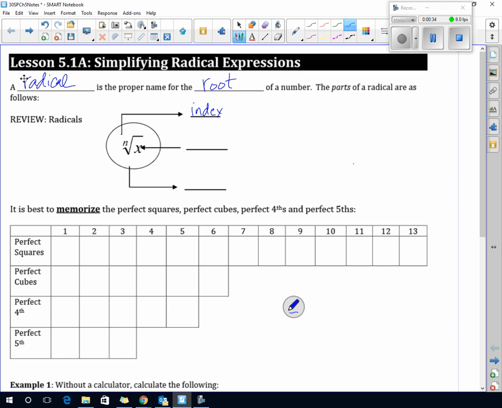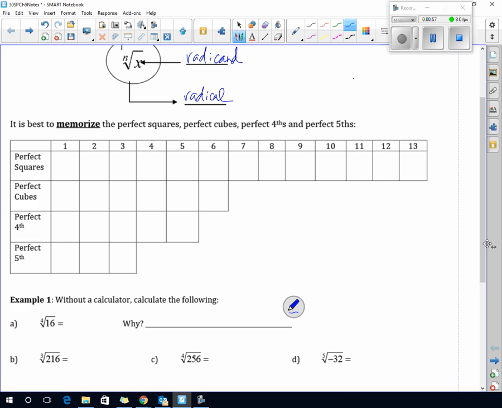Okay, so to help you with simplifying radicals faster, you should know your perfect squares and perfect cubes. So what's the perfect square? 1, 4, 9, 16, 25, 36, 49, 64, 81, 100, 121, 144, 169.